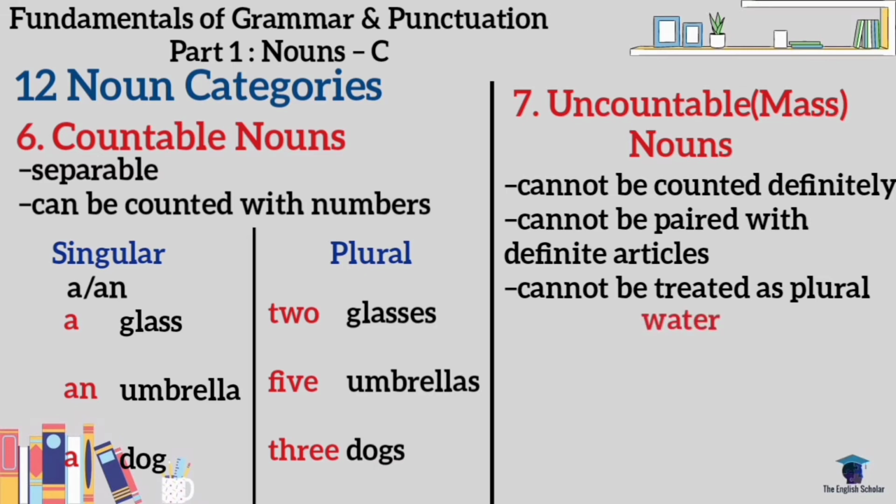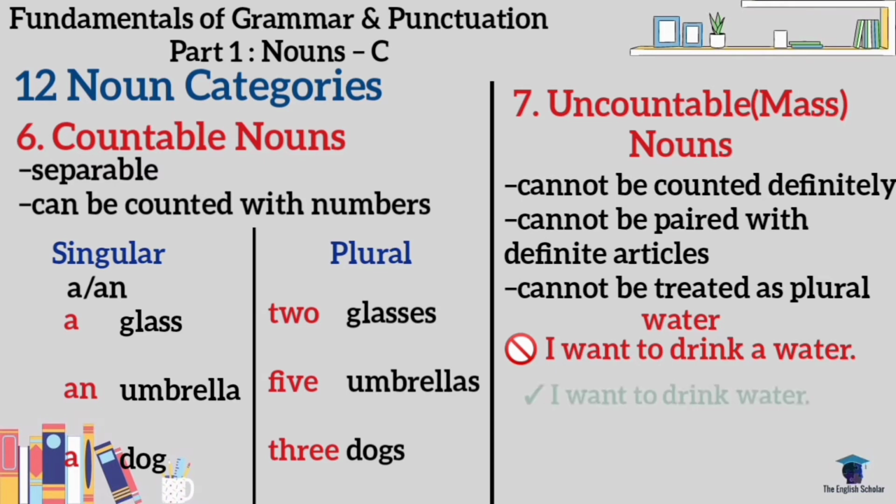Let's have water, the most common noun. Water cannot be counted, though it can be measured, but the content itself cannot be. So, if we use water in a sentence, it is wrong to say, I want to drink a water. The proper way to say or write this is, I want to drink water.